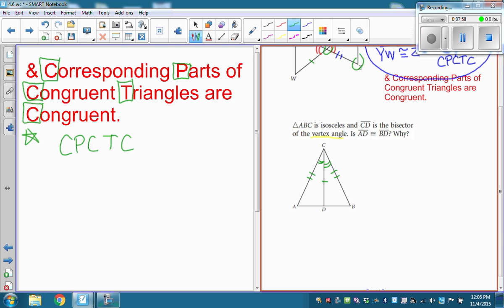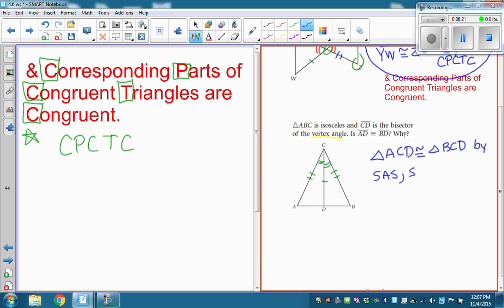So Jackson, what can you conclude? Side angle side, they're congruent. What's congruent? Triangle ACD is congruent to triangle BCD by side angle side.